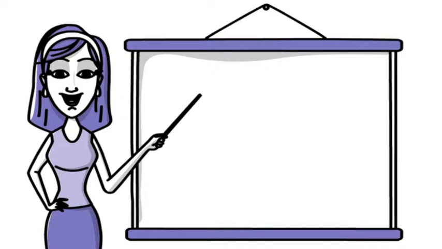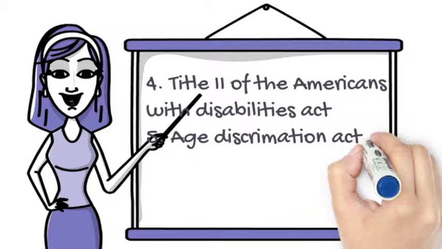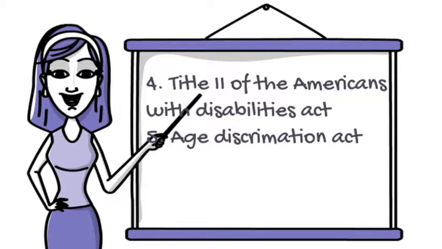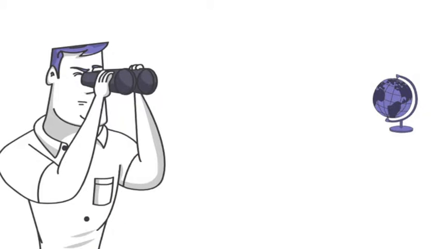This was followed by Title II of the ADA, the Americans with Disabilities Act of 1990, for discrimination on the basis of disability, which differs in prohibiting discrimination on the basis of disability by public entities, whether or not they receive educational financial assistance.